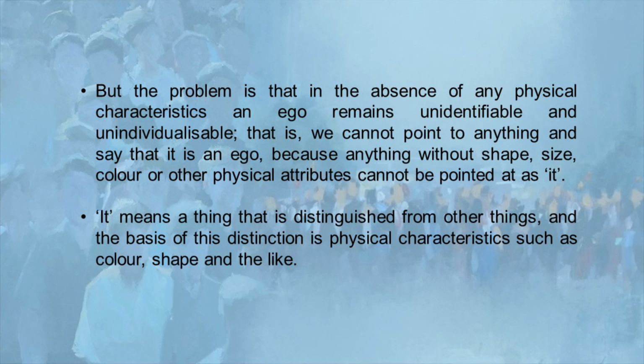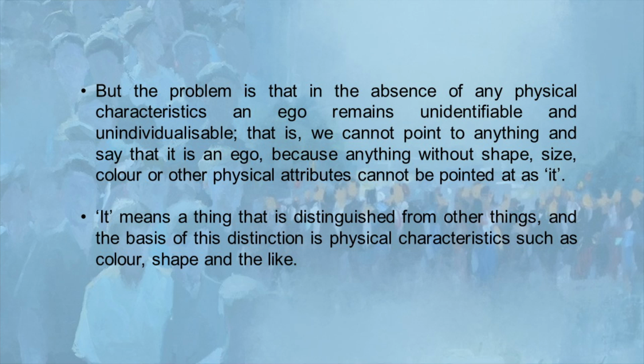But the problem is that in the absence of any physical characteristics, an ego remains undefinable and unindividualizable. That is, we cannot point to anything and say that it is an ego, because anything without shape, size, color, or other physical attributes cannot be pointed out as such.